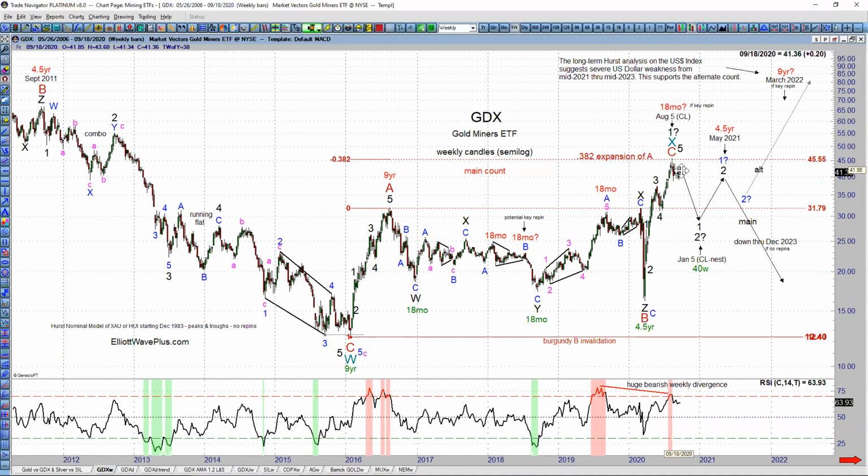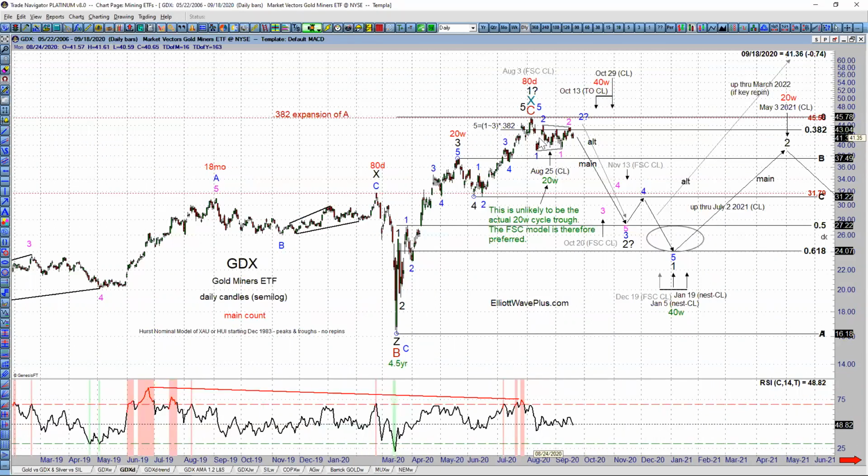There's been a large interest in a potential triangle across here on GDX. But I still think otherwise, based on a number of factors. I'm using Hurst and I'm using the FTSE cycles program. Hurst is placing the 20-week cycle trough right here.